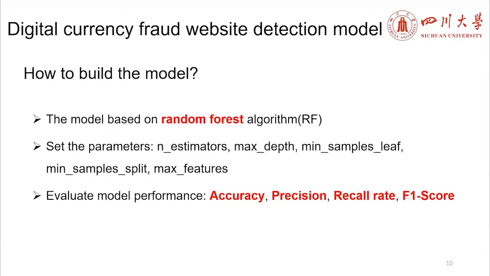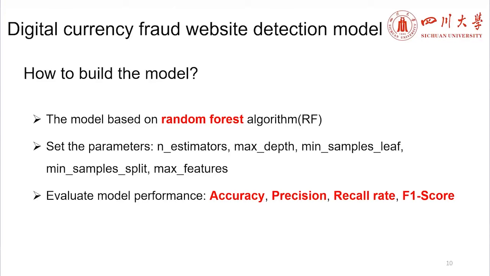After doing the above, we can consider how to build a detection model. The detection model of digital currency fraud websites proposed in this paper is implemented based on the random forest algorithm.